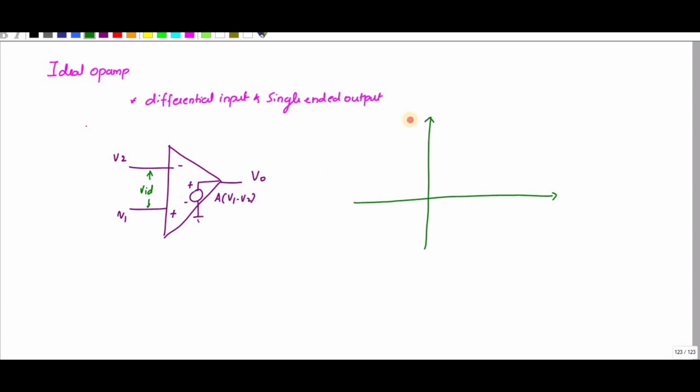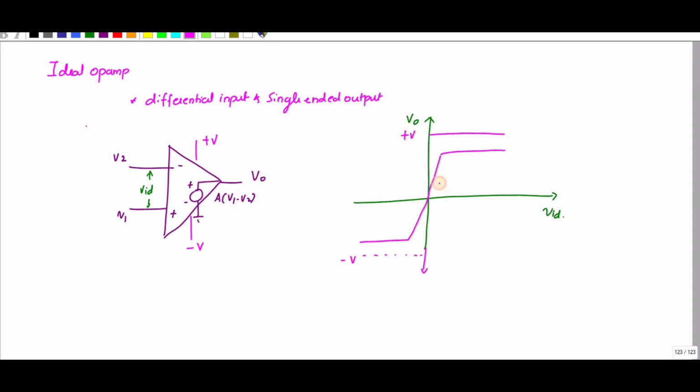If I draw the transfer characteristics of V0 versus VID, you will get a linear region. This is the plus supply and this is the minus supply, so this will be plus V and this will be my minus V, and it gets saturated after this point, okay, before this point.